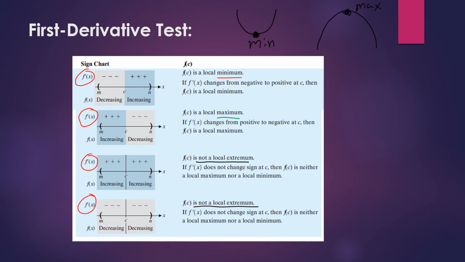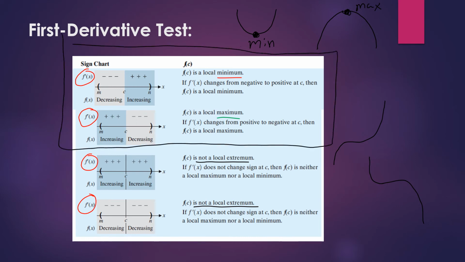And then if you're increasing and increasing, it would be something kind of like this. There is no max, there is no min. Decreasing, decreasing, no max, no min. So you can always do a rough sketch to verify these, but these are the two that we're looking for, maxes and mins. And it is when a sign change does occur.